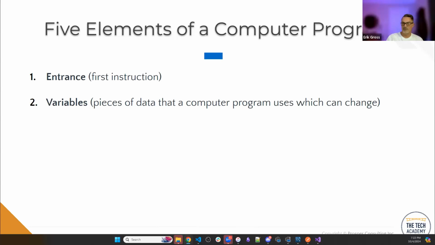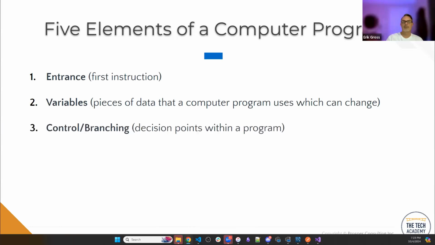And we deal in human business and personal work with a lot of data, and very often we are changing the data we work with. So a variable is part of a computer program where you can keep track of data that's going to change. More importantly, your program can keep track of data that's going to change. Without these, a program is not very valuable to you or any human being, really.